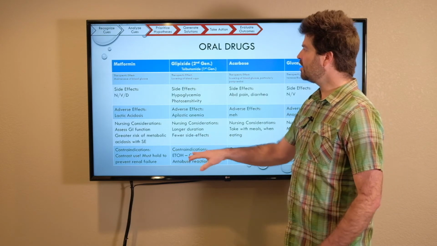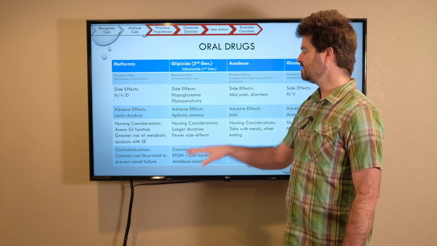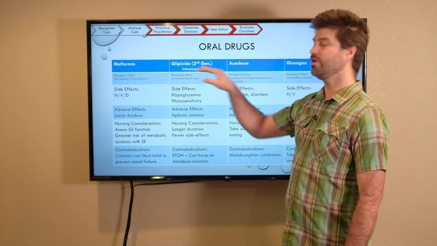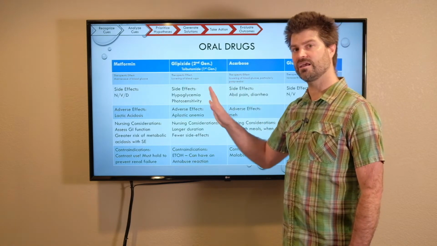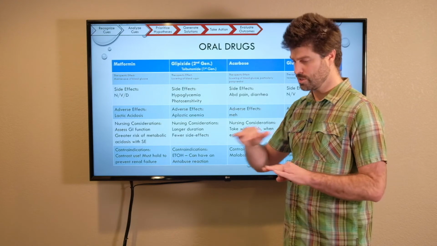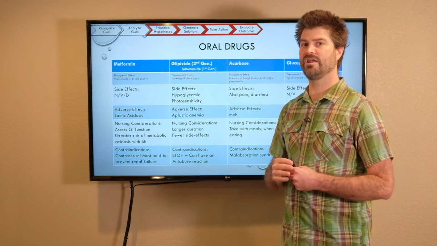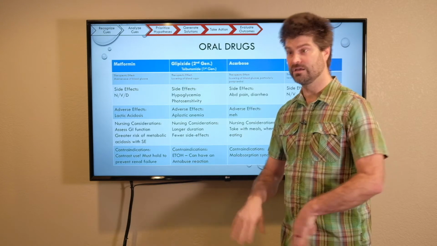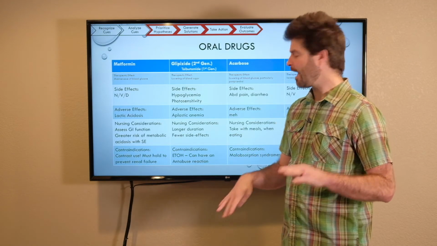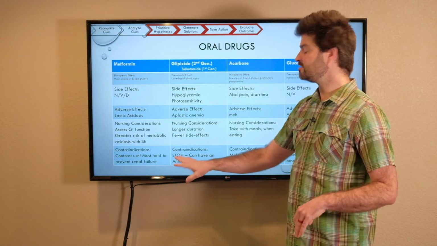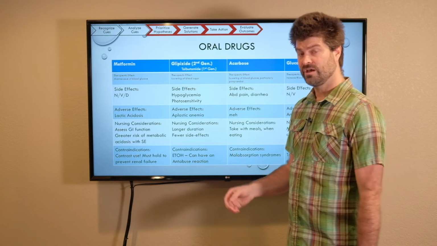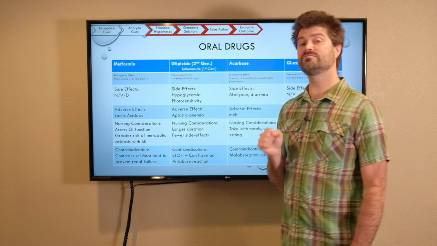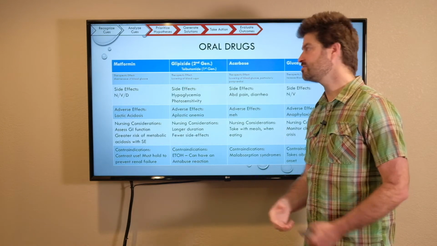So we need to educate patients to not take alcohol with their anti-diabetic medication. So with glipizide, no alcohol and that medication combined, especially at the same time. Don't do it. If they have alcohol dependency issues, we probably don't want to be giving this medication to them because of that Antabuse effect.